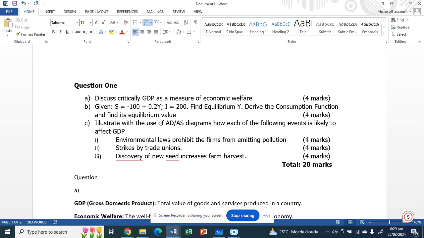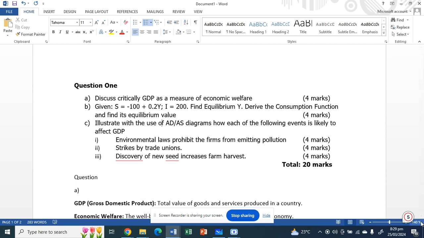If you remember from the circular flow diagram, withdrawals are savings, taxes, and imports. This is where money is coming out of our economy. Then we've also got injections, where money is being put into the economy, and injections represent investment, government spending, and exports.